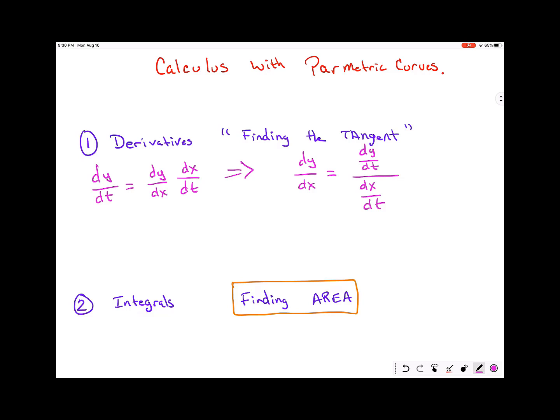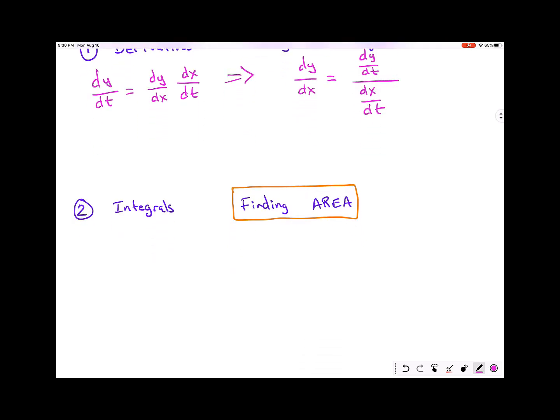Then I just plug in the given value for t, and that will tell me the slope of the tangent line at that particular spot.